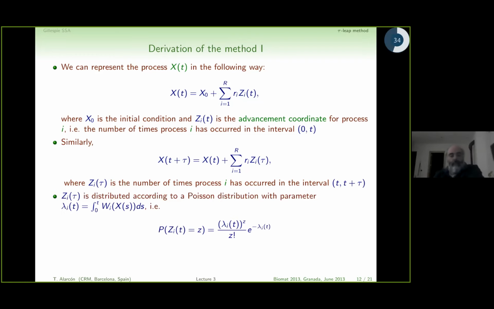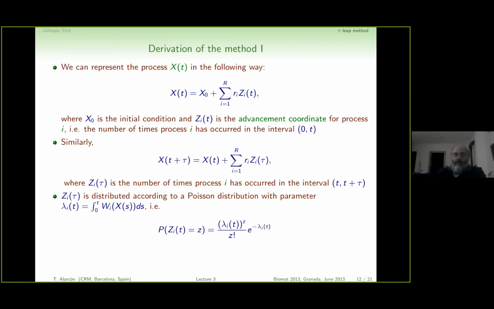Now because we know that the system is Markov and the waiting time between events is exponentially distributed, this set sub I here is distributed according to a Poisson distribution.